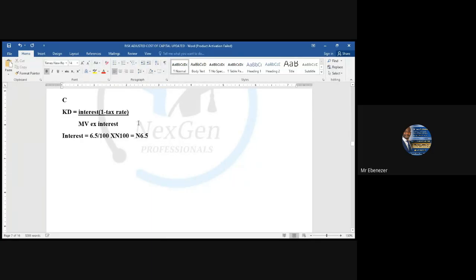Good. Just to prove something, let's quickly do it here. So this is 6.5, times 1 minus tax rate, which is 20%, and the market value is 65. So what is the cost of irredeemable debt?